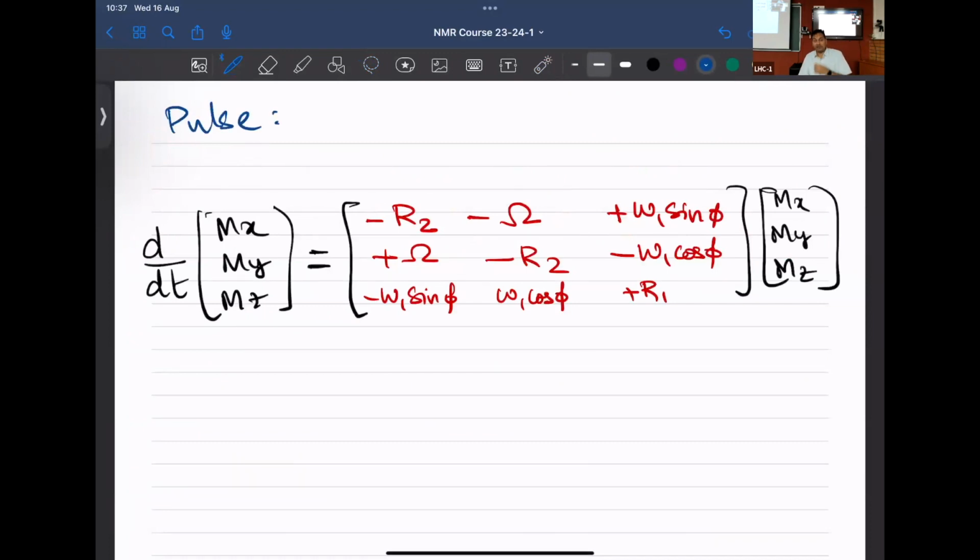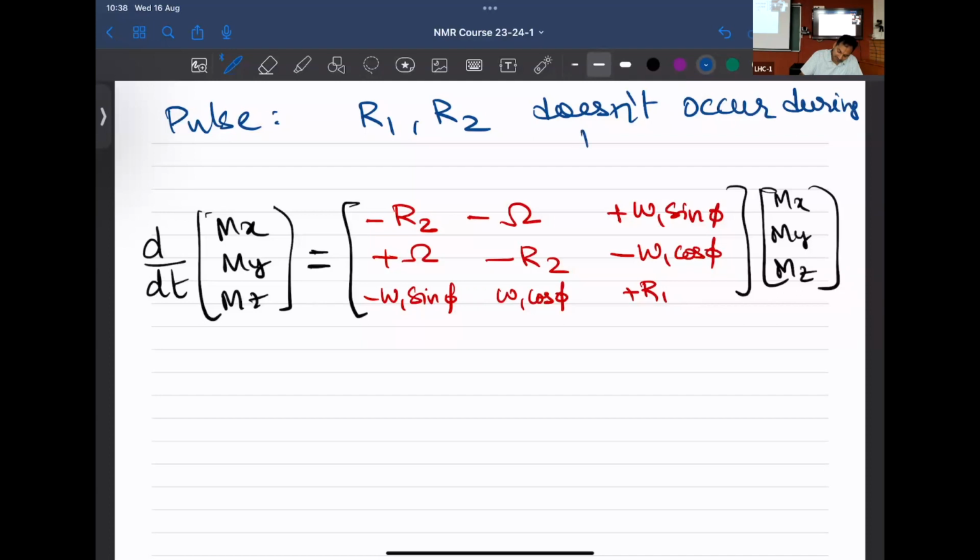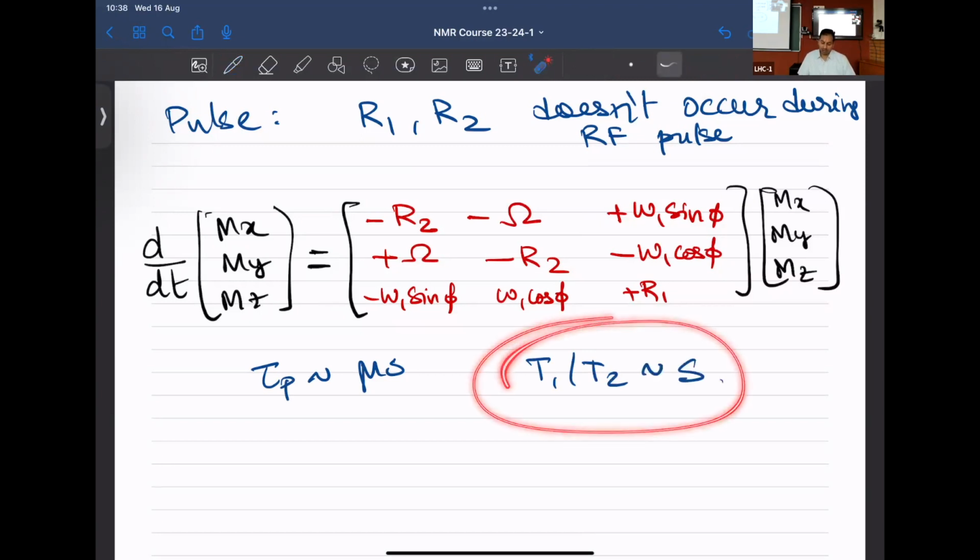Just for the sake of easiness, let's assume that relaxation does not occur during the RF pulse. Why do we say this? We say this because tau p is in terms of microseconds. T1, T2 is in terms of seconds for small molecules. This time duration is so long, you can actually neglect relaxation during such a short duration of the pulse.